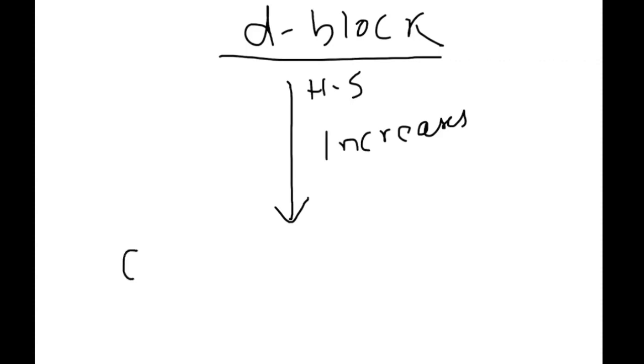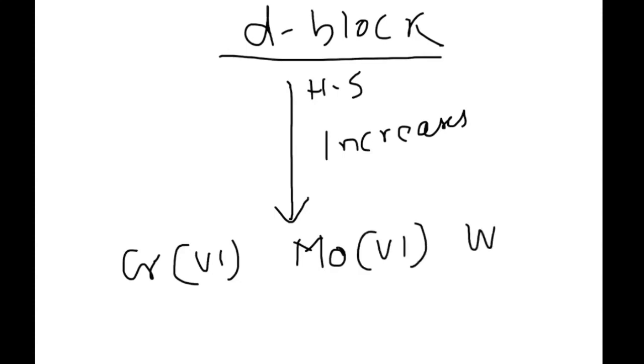For example, in chromium, the maximum oxidation state is +6. Then Mo +6. Then tungsten +6. These elements belong to the same group. And if we compare the stability, chromium +6 state is less stable than Mo +6 state, which is less stable than tungsten +6 state.